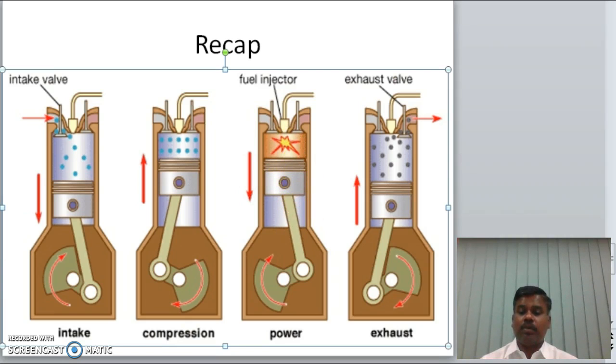The piston moves down. At the end, in the fourth stroke, the piston pushes the exhaust gases outside the cylinder. So this is the working principle of the four-stroke diesel engine.